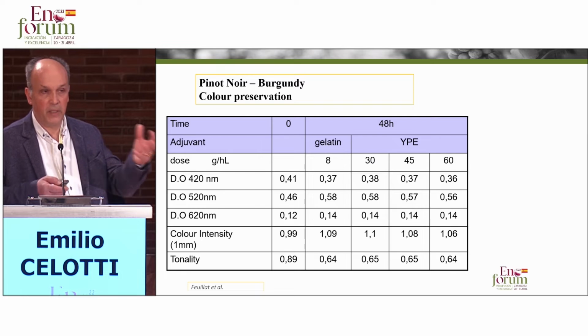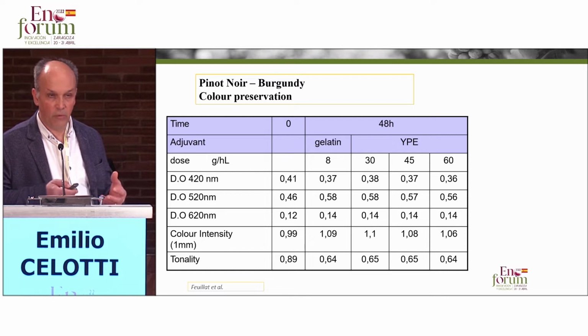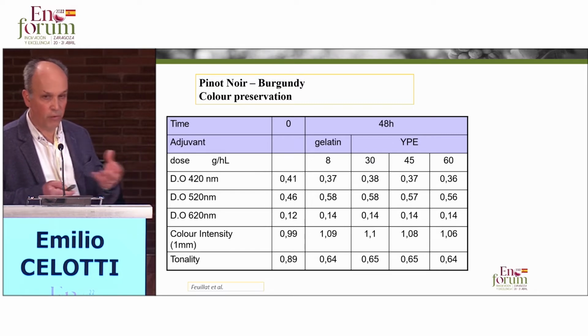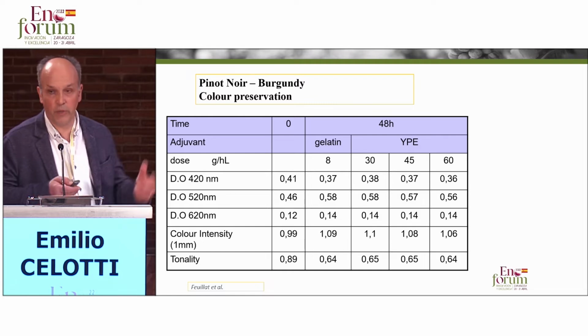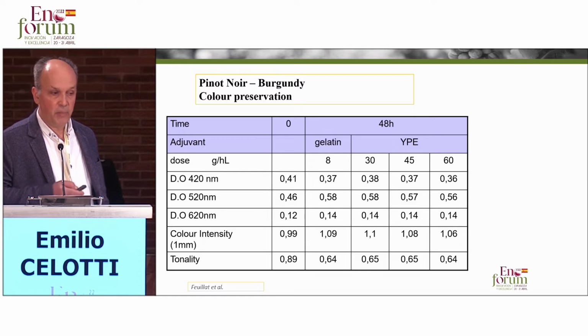But what do we need? Not to decrease the red tonality, specifically for varieties whose polyphenols are not excessive, for example, Montepulciano d'Abruzzo.